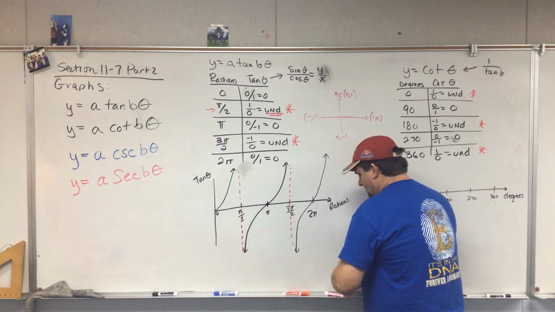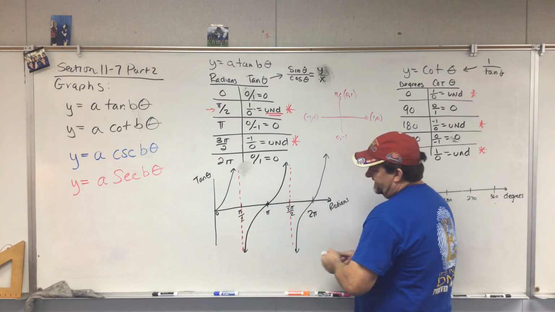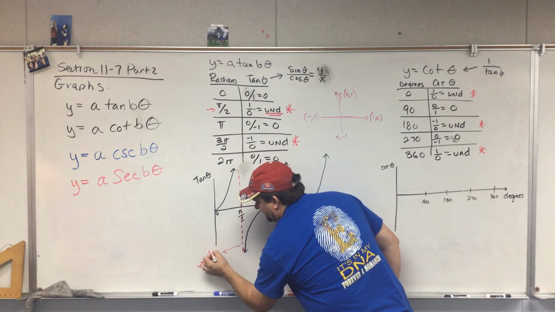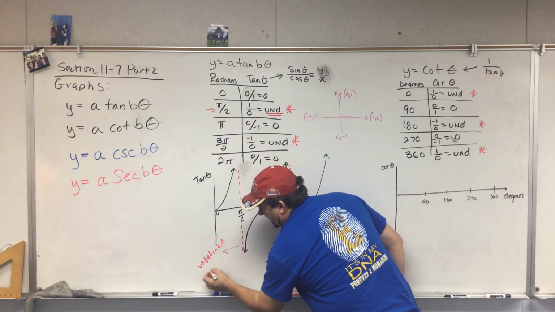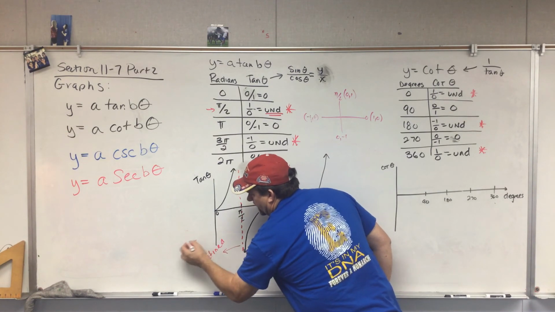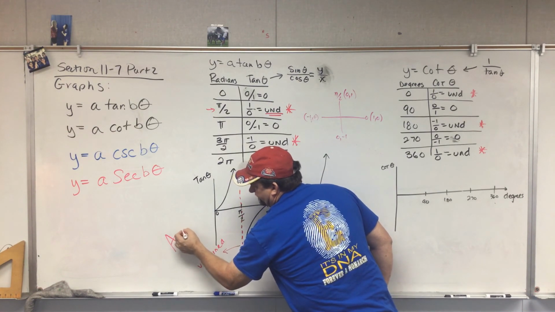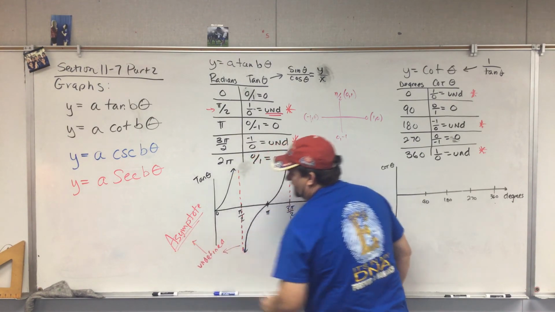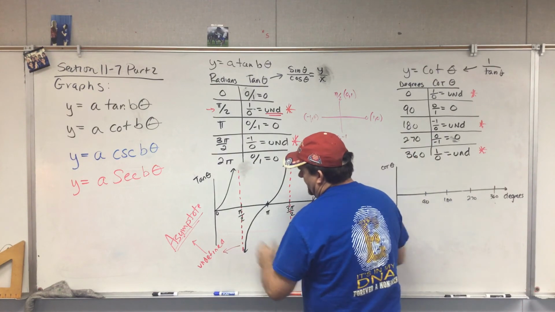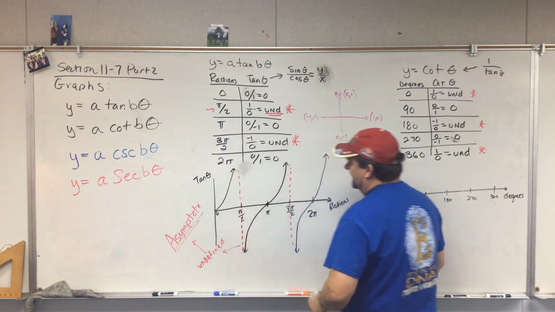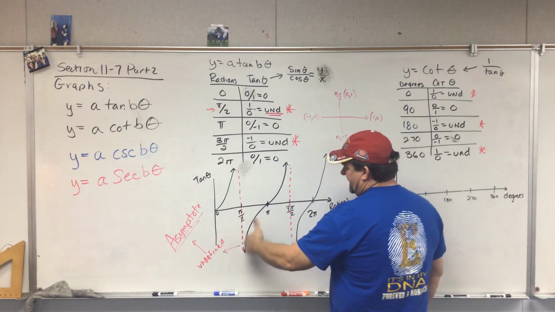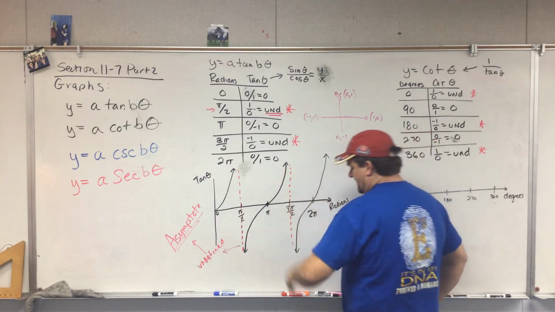So the biggest points of tangent is, this is the undefined line, which we call an asymptote. Okay, so it's a dotted line that the graph cannot touch because it doesn't exist right there. And so tangent repeats this pattern like this.